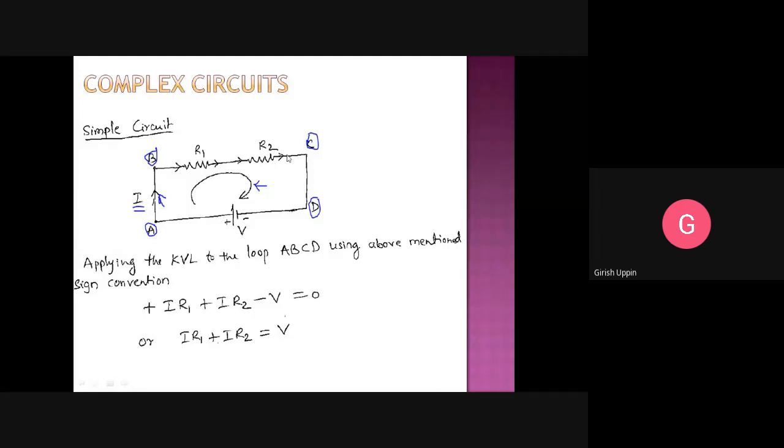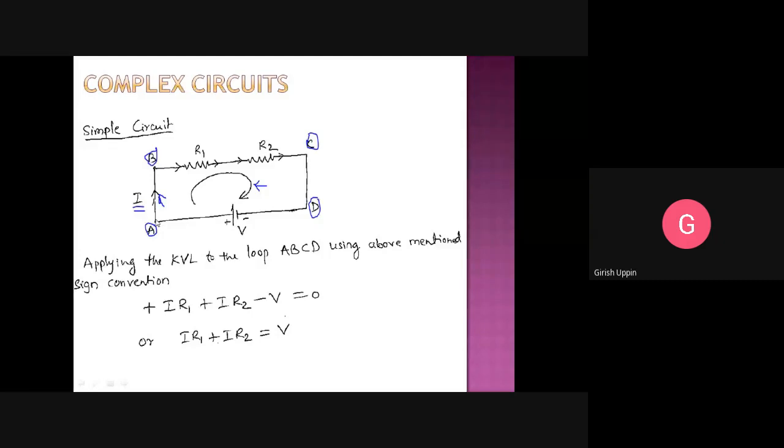Right now there is only one loop, so we have only one current; mark that current. Once you do these things, then you apply the KVL to the required loop. In this case, the loop is A, B, C, D back to A.